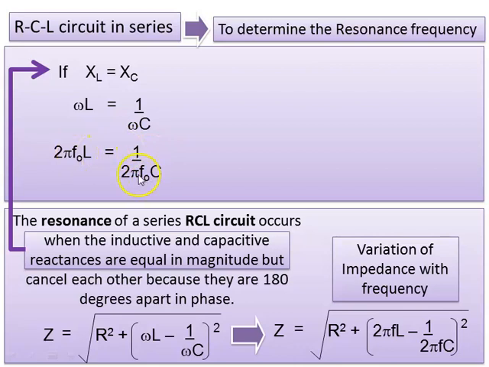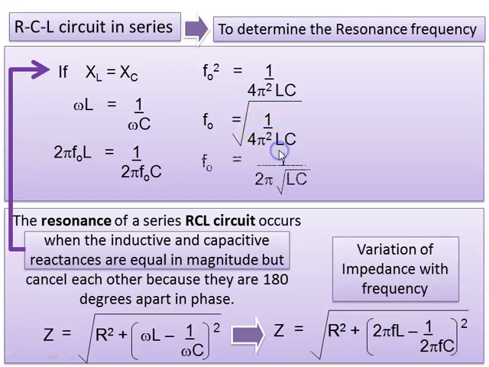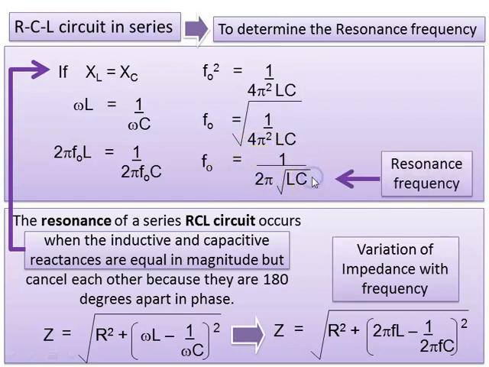So we substitute F naught. They are equal at the resonant frequency. We can cross multiply. F naught times F naught is F naught squared, and 2 pi times 2 pi is 4 pi squared. So therefore F naught equals square root of 1 per 4 pi squared LC, and square root of 1 is 1, square root of 4 pi squared is 2 pi. So the resonant frequency equation is F naught equals 1 per 2 pi square root of LC.